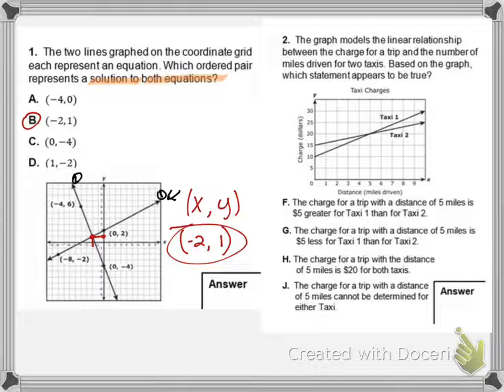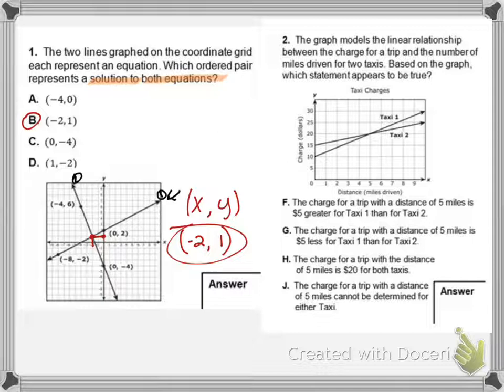For number 2, the graph models the linear relationship between the charge for a trip and the number of miles driven for 2 taxis. Based on the graph, which statement appears to be true? We have y as the charge in dollars and x as the distance. F says the charge for a trip with a distance of 5 miles is $5 greater for taxi 1 than for taxi 2.